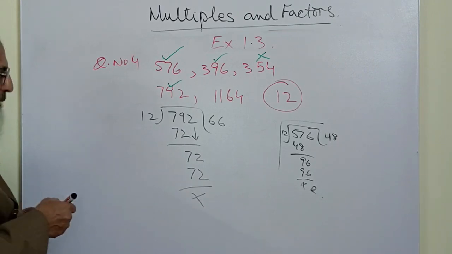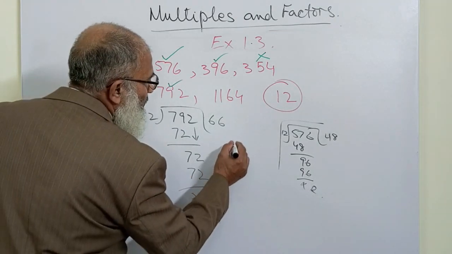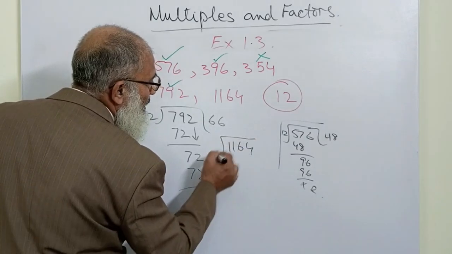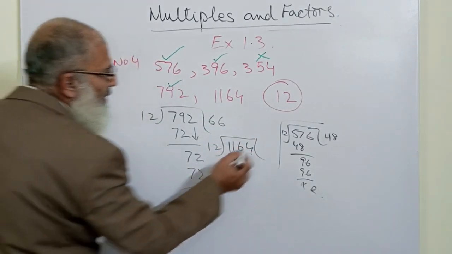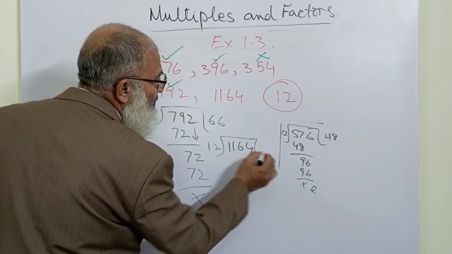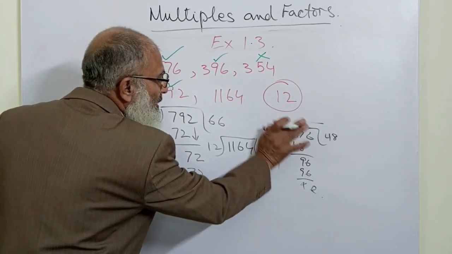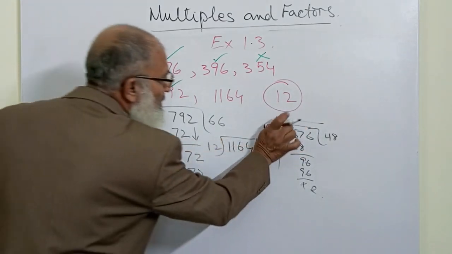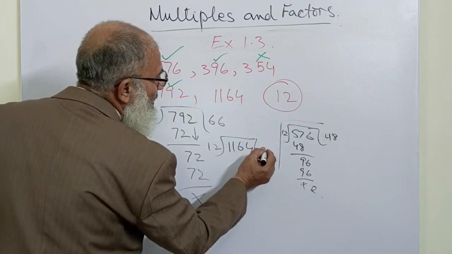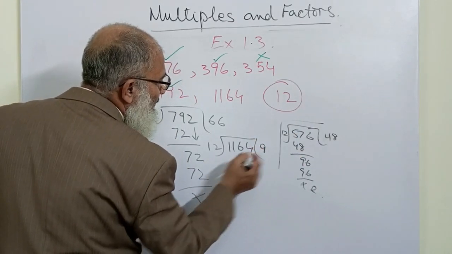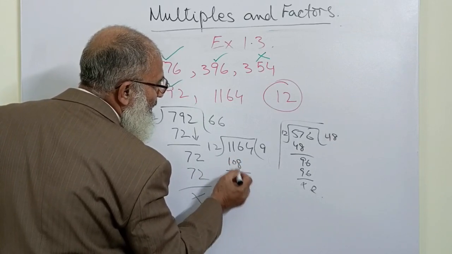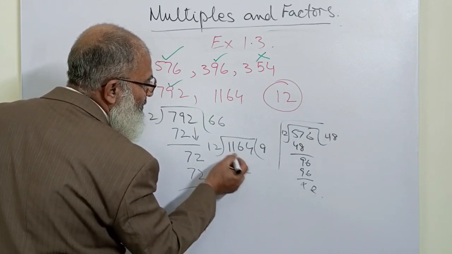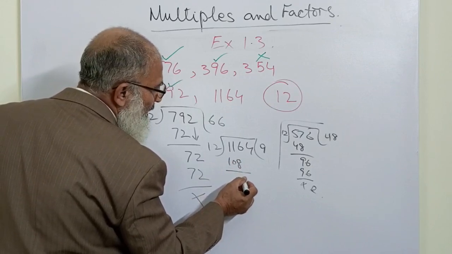Now the only number left is 1164, 12. 9 times 108. 16 minus 8 is 8.